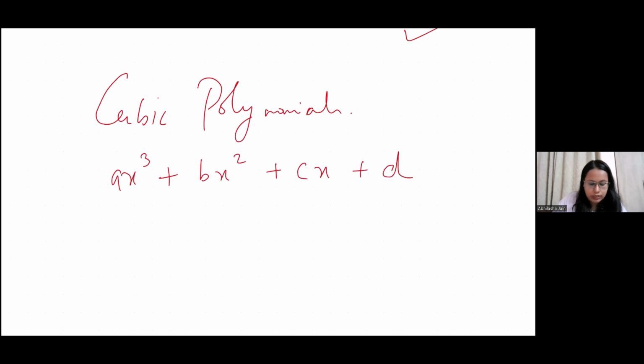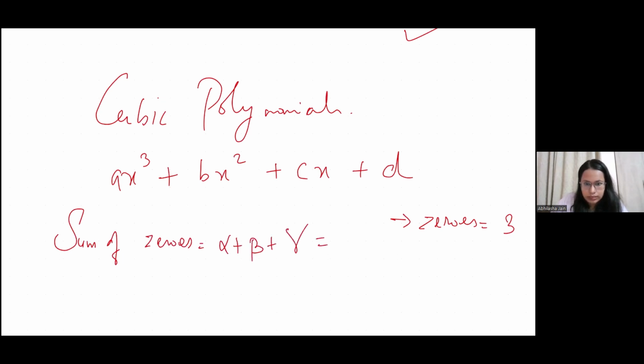Again, we have a relationship. The maximum number of zeros here is 3. So again, the sum of zeros, alpha plus beta plus gamma, is equal to negative b over a.